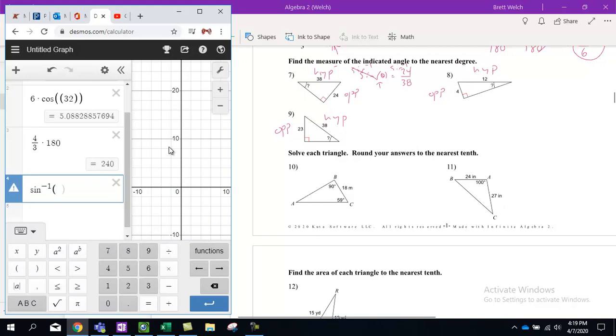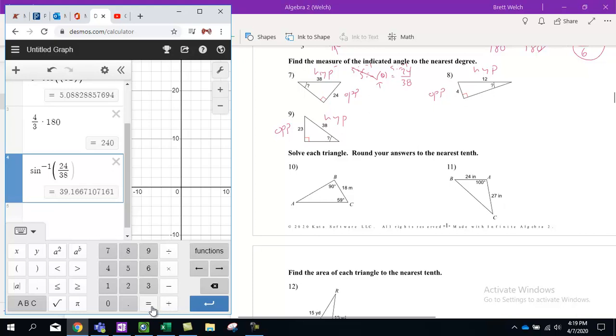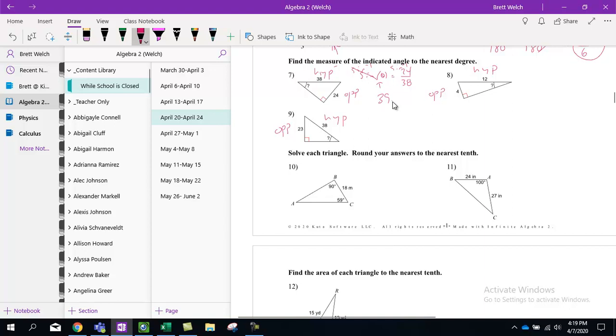Not sides, angles. And so we're going to put the 24 divided by 38, and we get 39.2. This first one would be 39.2 degrees. Over here, our sine of theta would equal the opposite, 4 over the hypotenuse, 12.